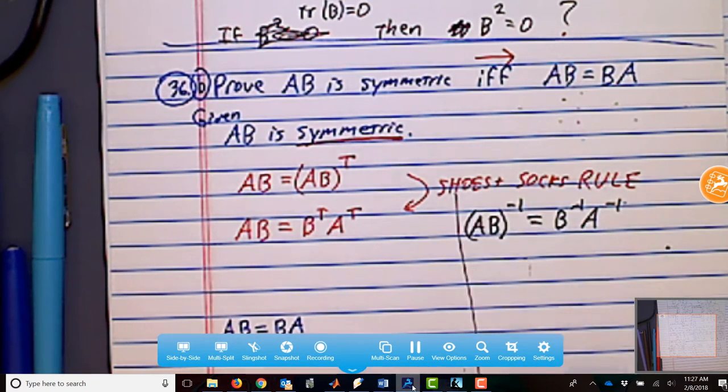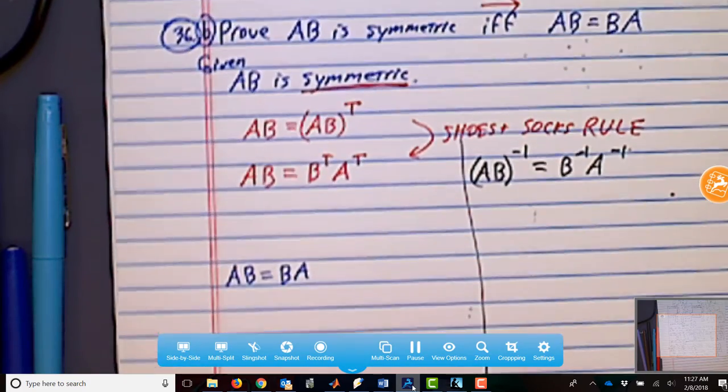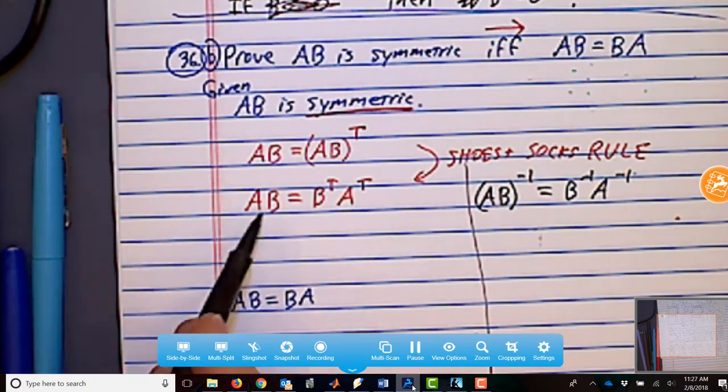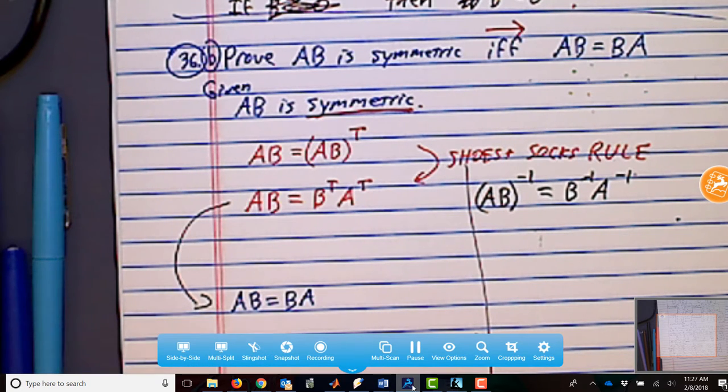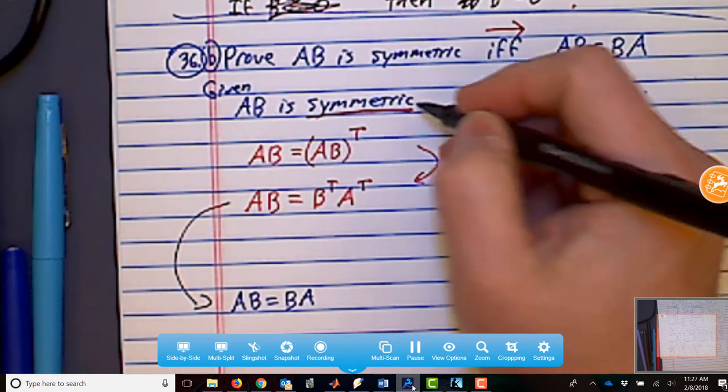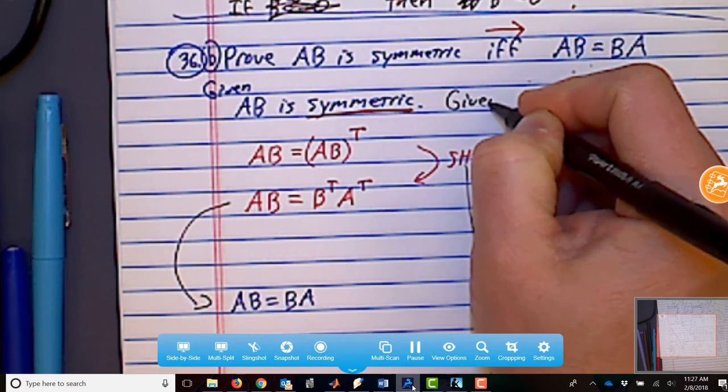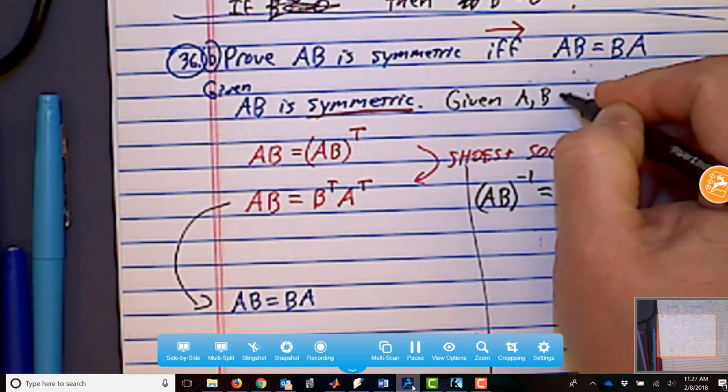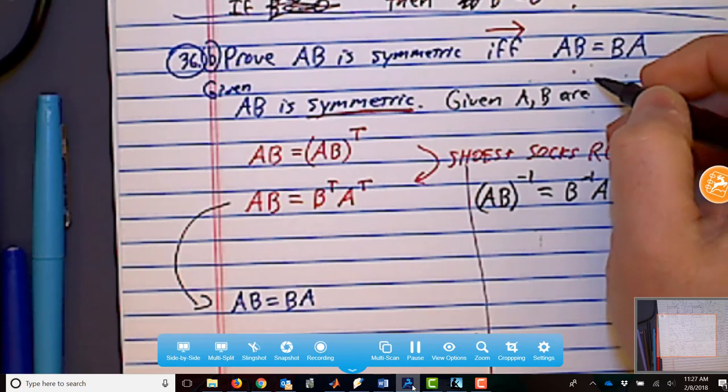Maybe I'll prove that next. But by the way, we're almost done. How do you get from this red one to that blue step? Well, we were given something else that we didn't write. We were also given that A and B are what? Yeah.